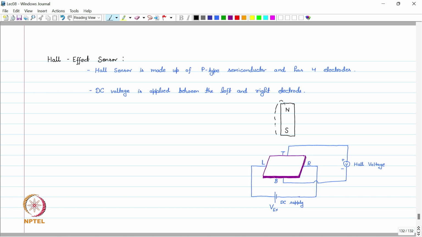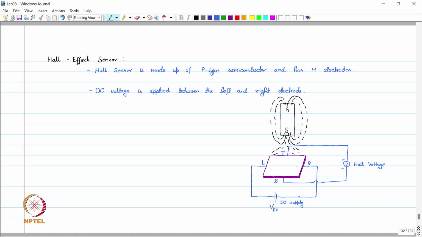So let's say this is like this. This is the flux which is linked now to this semiconductor material as well, and in this material we have free moving electrons and holes.